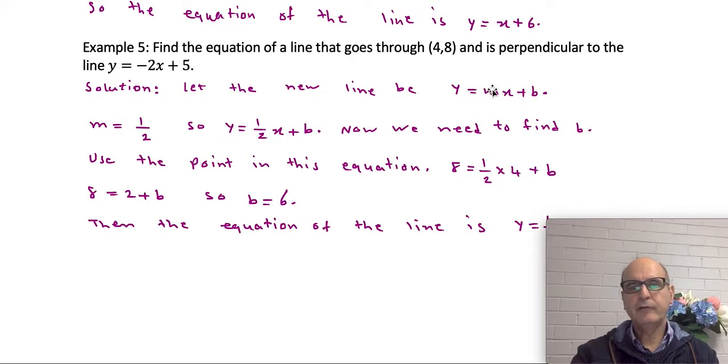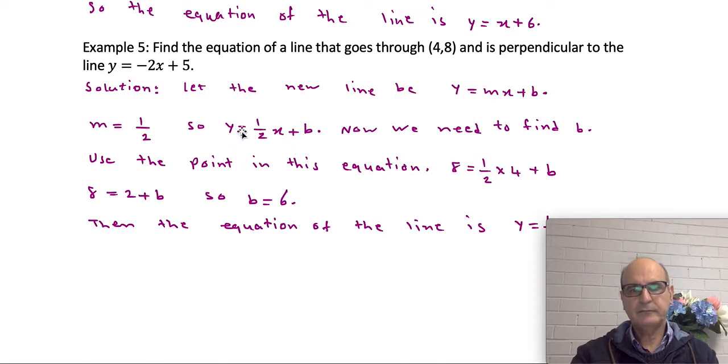So then I find m. The equation is y equals half x plus b, 1 over 2 x plus b. Now we need to find b. How do we do that? We use this point. Substitute 8 for y and 4 for x.